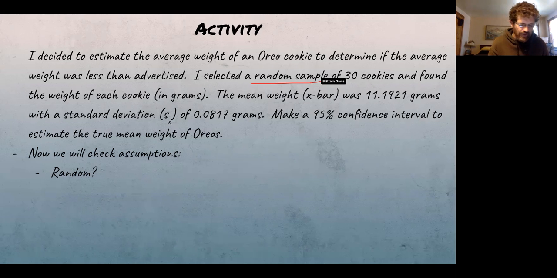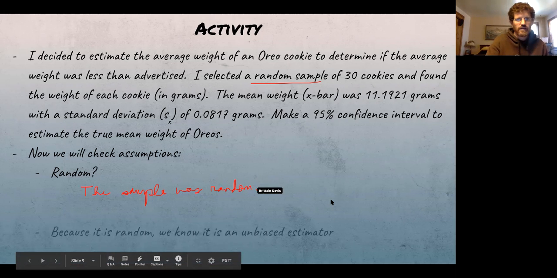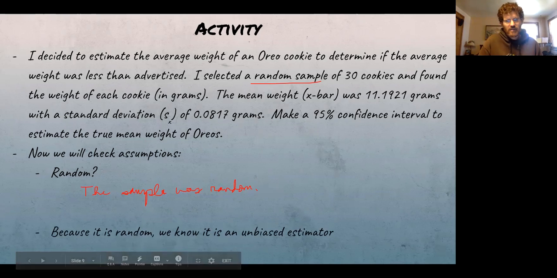Yes, it's random. Now this is where I'd want to say, maybe a sentence: the sample was random. Maybe I could underline that in the problem. It's just very, very clear. Yes, I checked this. And because it's random, now we know we're working with an unbiased estimator.